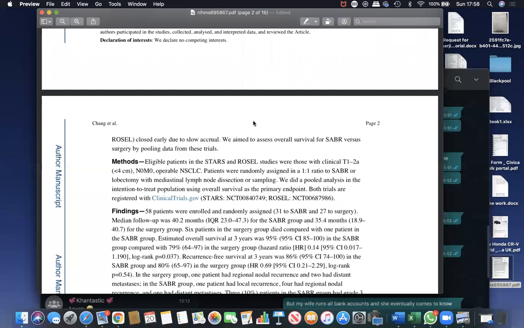And my aim of this study is to prove the null hypothesis wrong and to state that SBRT is equivalent to surgery in prognosis for stage 1A lung cancer. However, the morbidity of SBRT is lower than surgery. Hence, it should be considered a treatment modality in stage 1A lung cancer. If I was a radiation oncologist trying to push a paper, this is the statement I would have made.